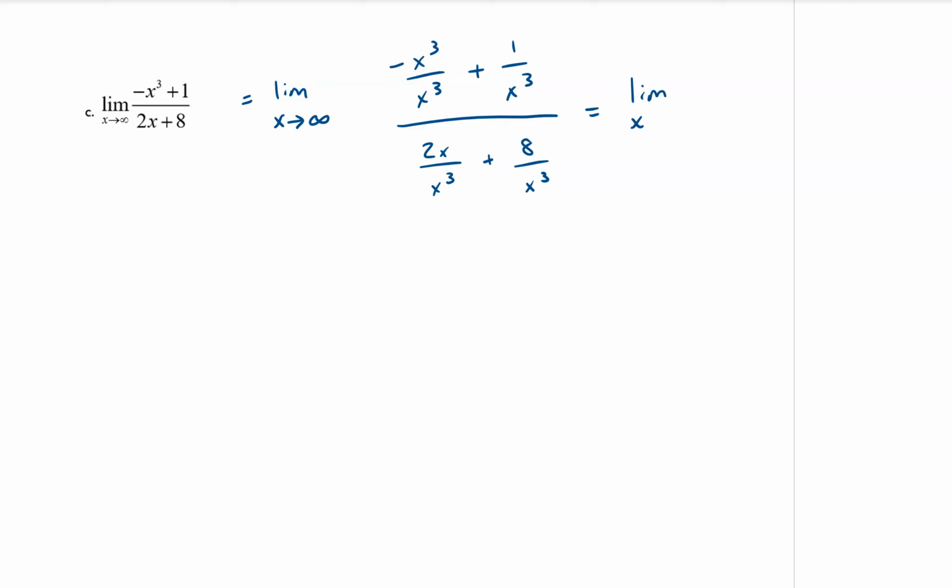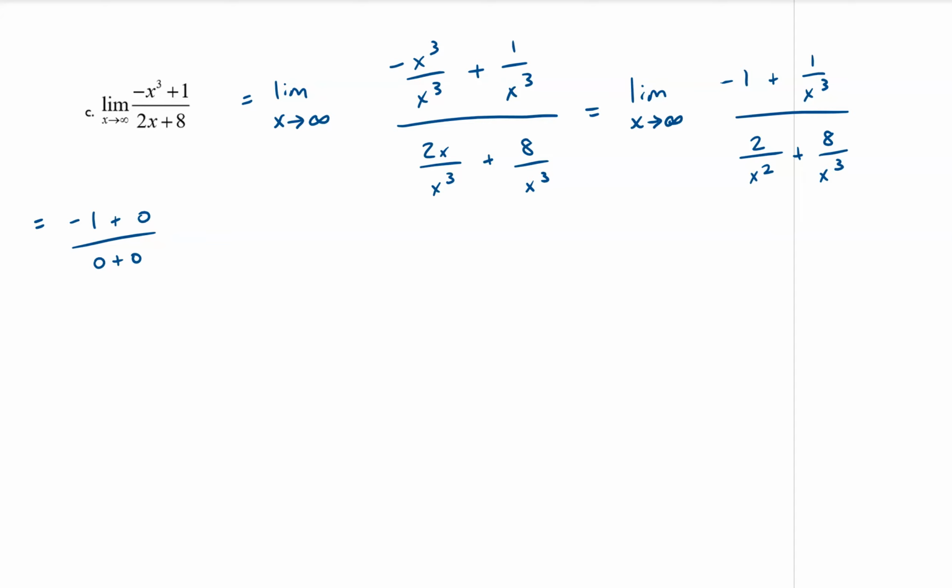So if we do that, we get the limit as x goes to infinity of -1 plus 1 over x cubed, over 2 over x squared plus 8 over x cubed. So if we simplify that, we get -1 plus 0 over 0 plus 0, which is an undefined number.